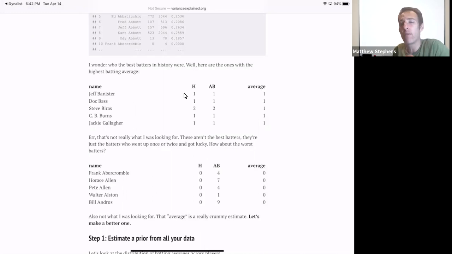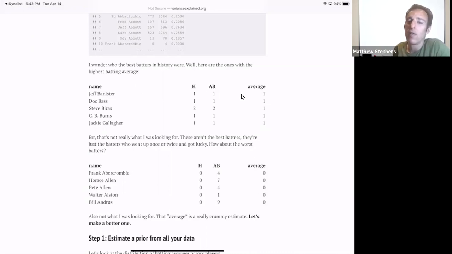Imagine, for example, to make it concrete, that you were being asked to predict what Jeff Bannister's average would be over next season based on data in a current season where he'd only batted once. Essentially, the fact that he batted only once says that you don't have much information about what his batting average is.